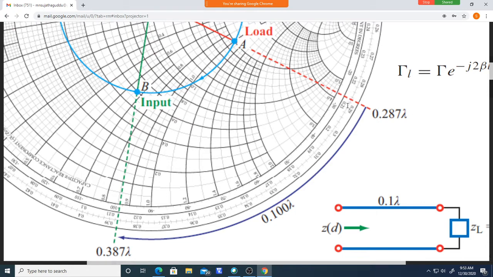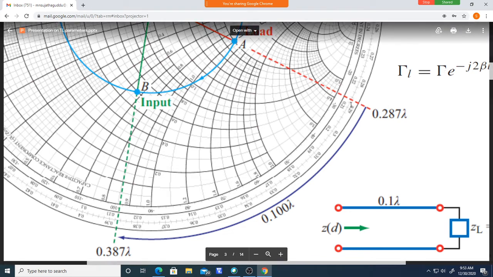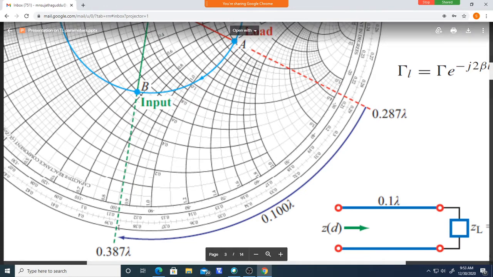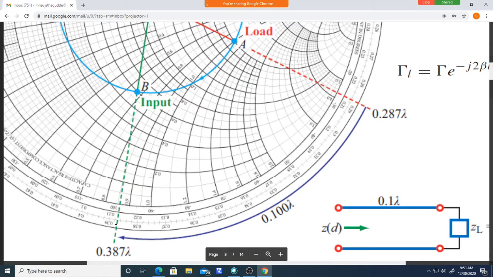Starting from here, one division, 1 2 3 4 5 6 7 8 9 10. Here it is a little bit behind, so you should stop two divisions behind the 10. So from here to here we moved 10 divisions, which means 0.1.